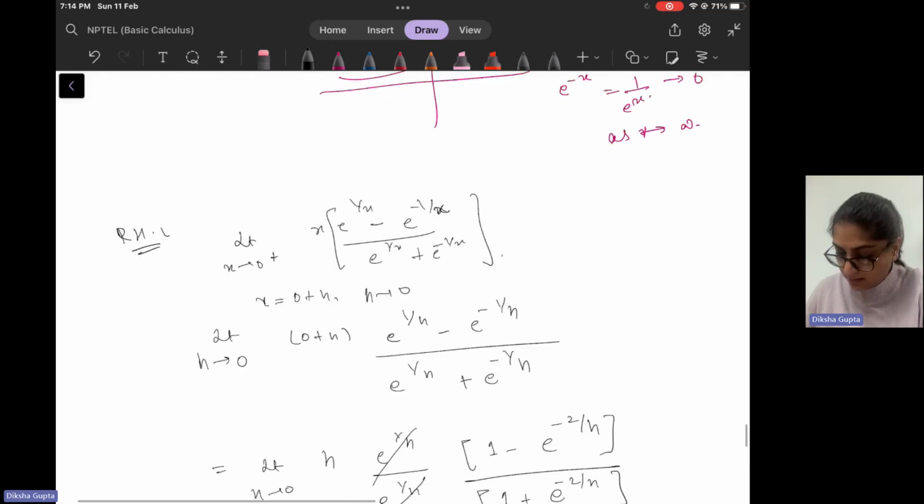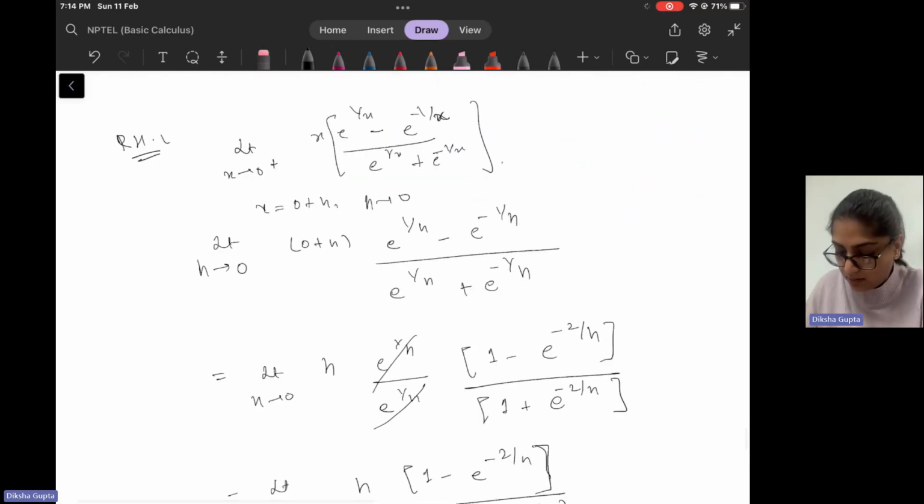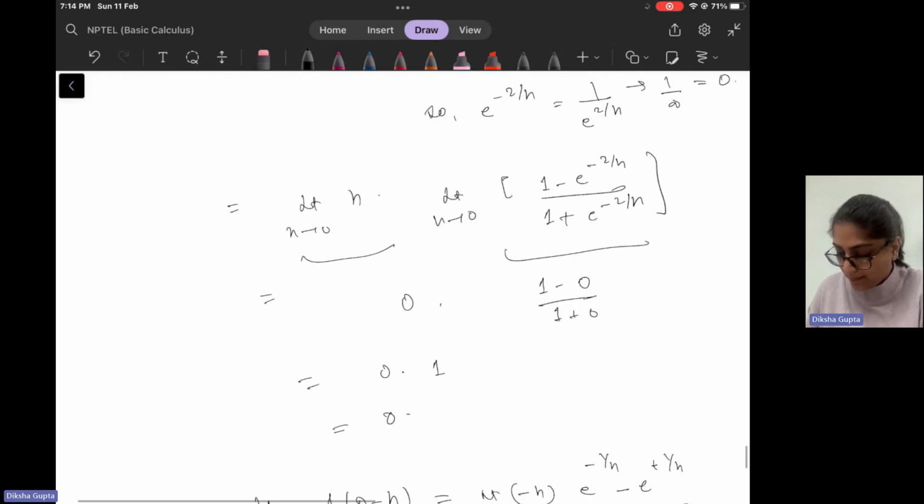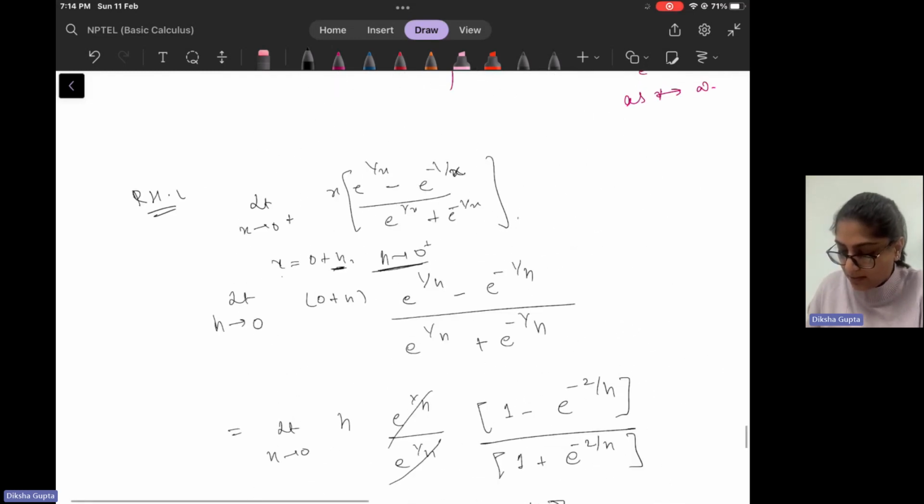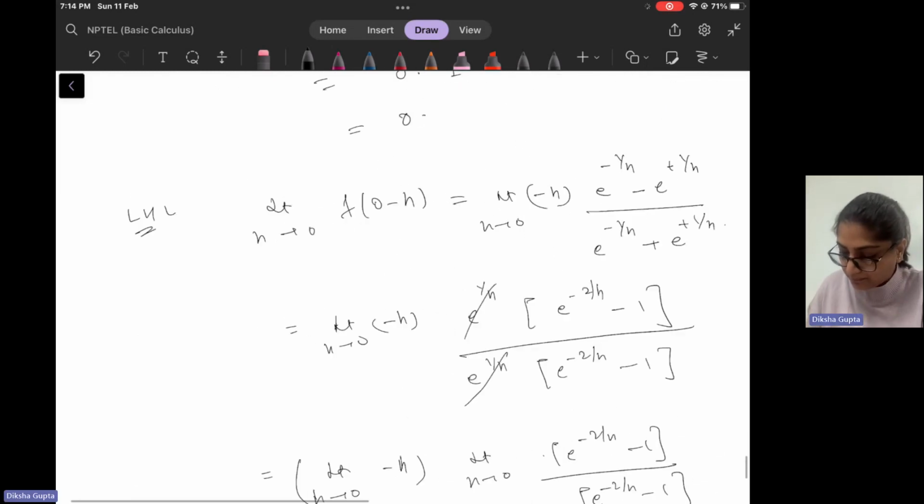Also, what is this technique? I think Sir has already discussed that when x is going to 0 plus, we are just writing x to be 0 plus h, where h is positive, and this essentially is h tends to 0 plus. Or when there is no plus, we simply mean that x tends to 0 plus only. And here we write x equals 0 minus h because we had to evaluate the limit when x goes to 0 from the left, that is, negative.